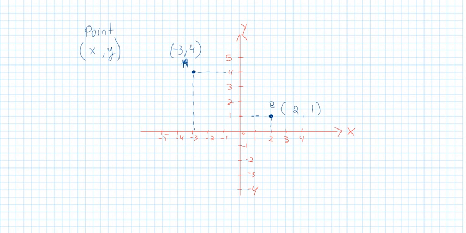All right. How about this value? 5. Negative 5, negative 3. Okay, so negative 5 on the x, negative 3 on the y. Okay?